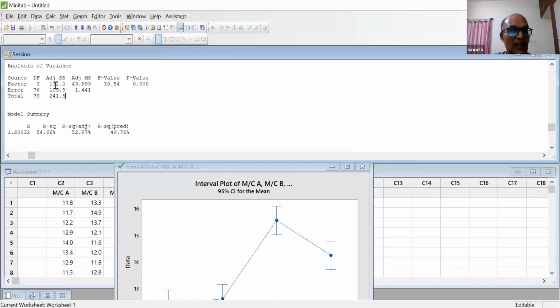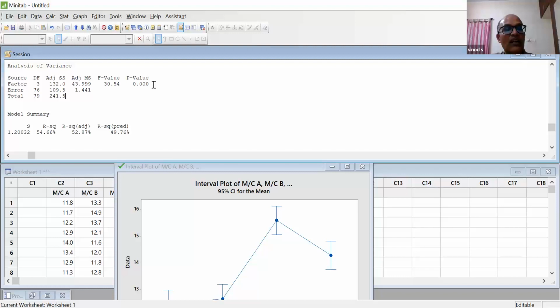We will learn the details of this ANOVA table one by one, but now I am limiting myself to the p-value only. But the ANOVA table is also important, very important whenever you are learning. If I start explaining it, it will take 1 hour and you will get further confused. So Minitab has given a boon: just by looking at the p-value, you can conclude everything.